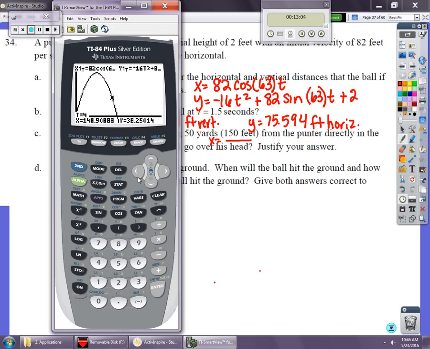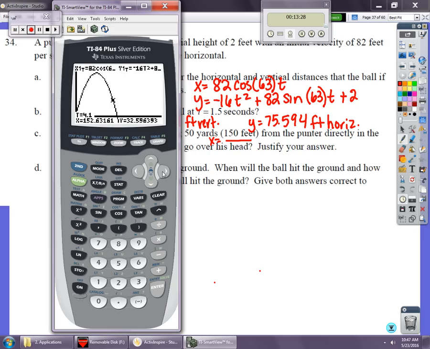That's pretty close. Let me go back one. Okay, so at time equals 4, let's just see where we're at right now. At 4 seconds, it's 148.9, which I know isn't quite 150. But look how high the ball is. Look at the y-coordinate. It's 38 feet in the air. Even if I go a little bit further, to 4.1 seconds, which is 152, a little bit further than we were supposed to be, it's still 32 feet in the air.